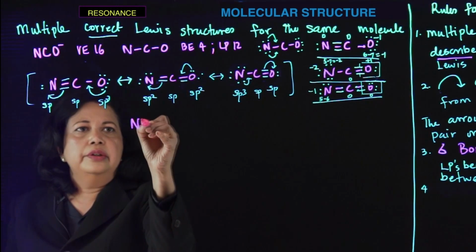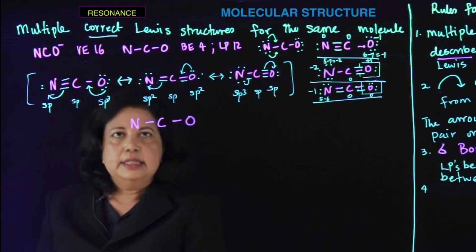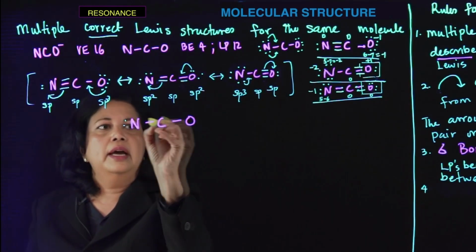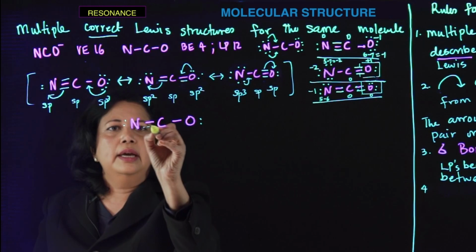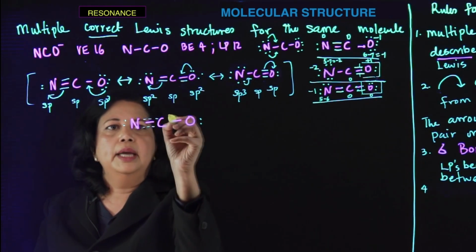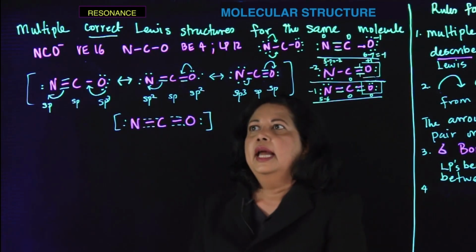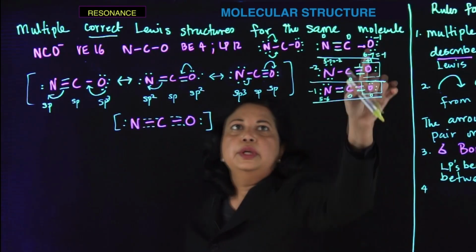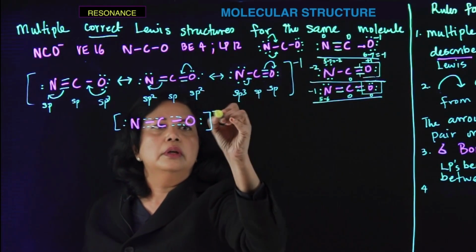So here it's describing this molecule. Some of the time, you have these lone pairs here. Other than that, you have this pi bond becoming a lone pair becoming a pi, and in all of them you have a -1 charge total.